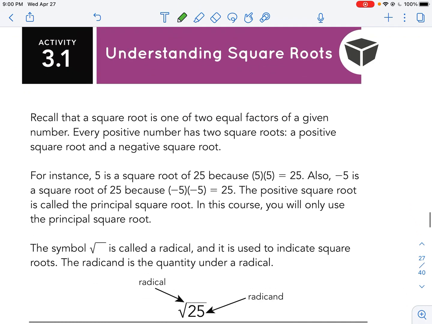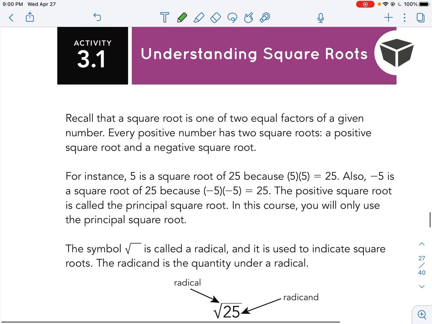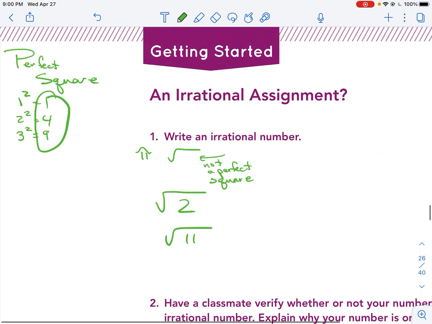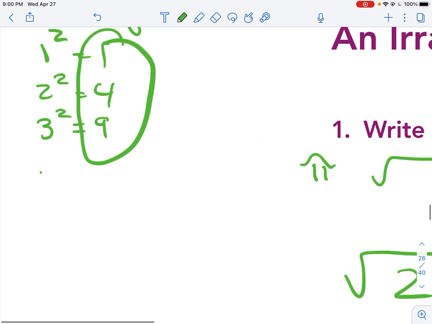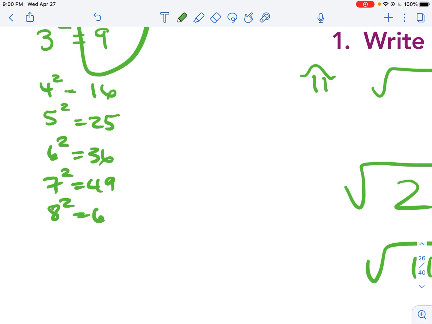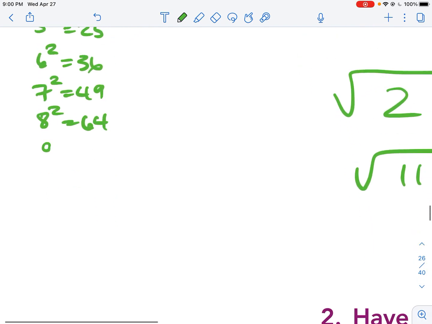Okay, then we're going to come here, understanding square roots. So, the first thing that we have to understand are, we're going to go back here to our perfect squares. Okay, so 4 squared is 16, 5 squared is 25, 6 squared is 36, 7 squared is 49, 8 squared is 64, 9 squared is 81.